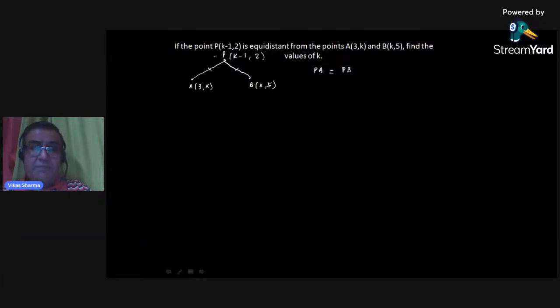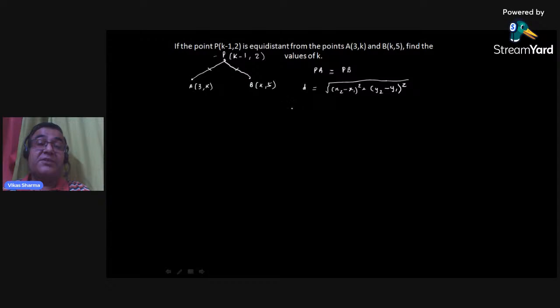Okay, so I am basically waiting for your correct answer before I solve it on the screen. We'll use the distance formula, of course, and you know that the distance formula is d is equal to the square root of x2 minus x1 whole square plus y2 minus y1 whole square.